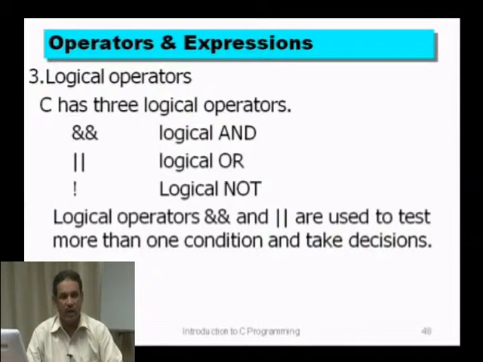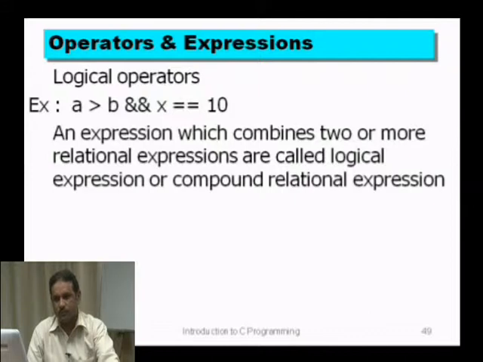Or if either of the two is true, then we execute some set of statements. In such cases, we use the logical operators: logical AND, logical OR, and logical NOT.